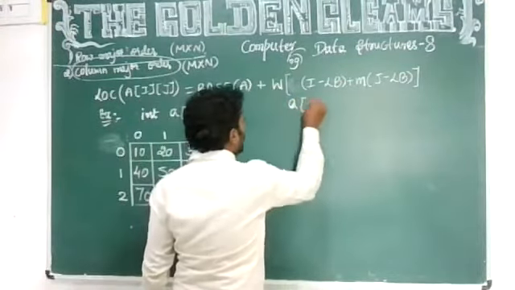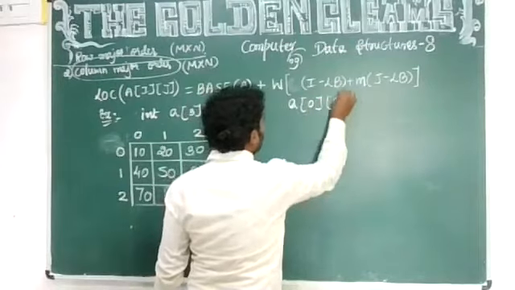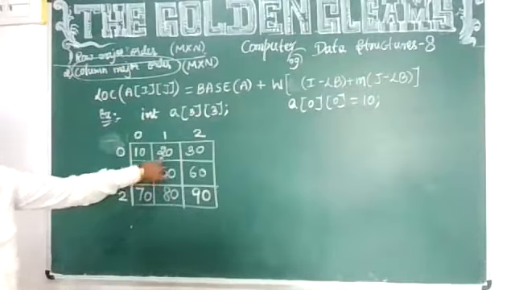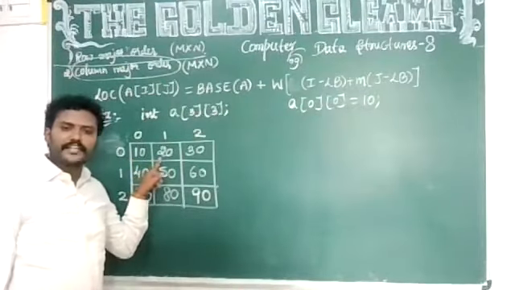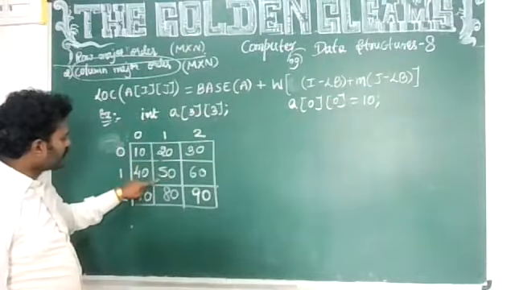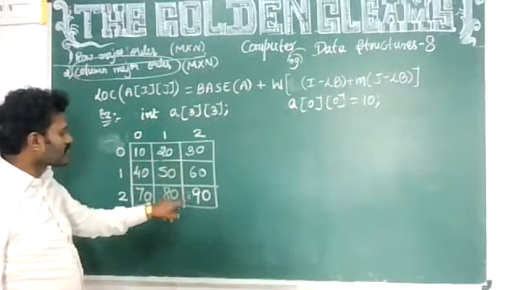Look, A[0][0] is 10, but in row major order we went to 20. Now you should not go to 20, students. In column order it is 10, 40, 70, 20, 50, 80, 30, 60, 90.